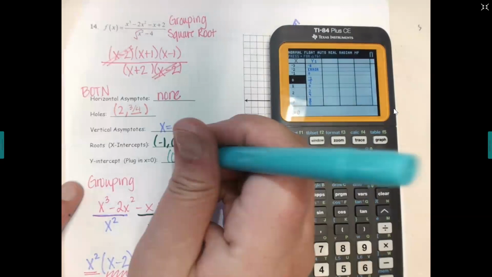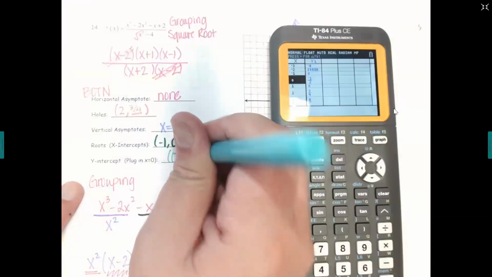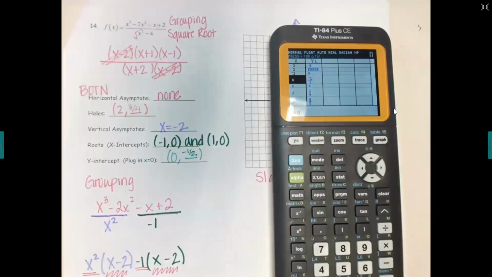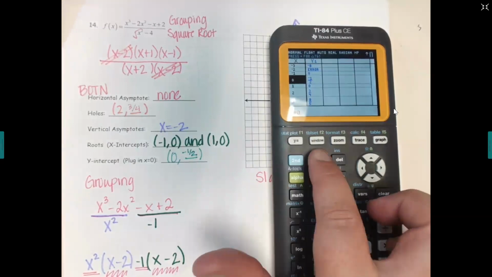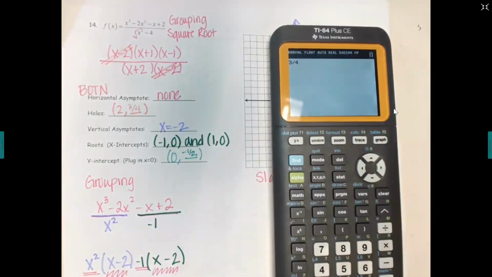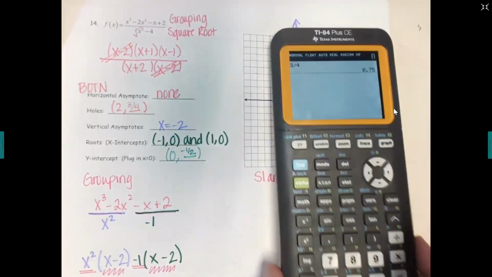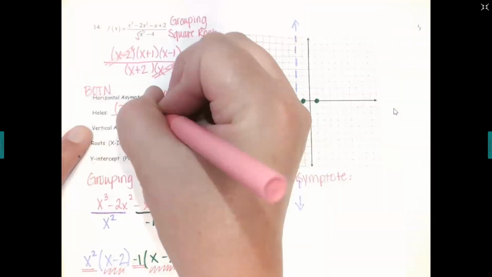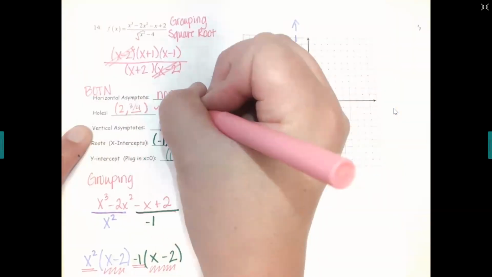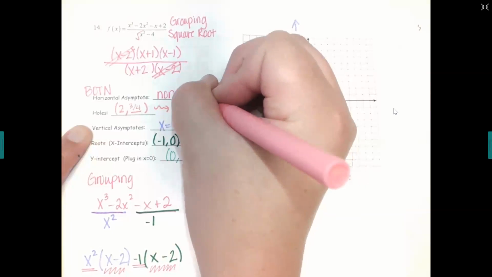Remember, if those decimals come out ugly where you can't estimate it, just divide it in your calculator. So for example, let's say we didn't know 3/4: second quit, 3 divided by 4, that's 0.75. So then I'm going to write here, that's really 2, 0.75.